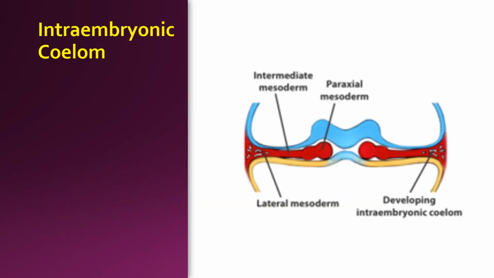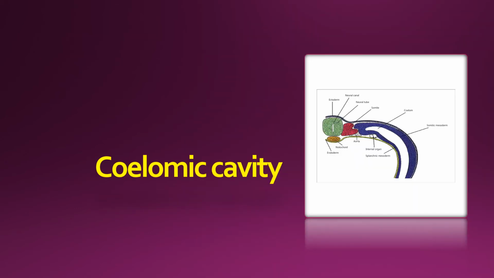The development of the intra-embryonic coelom will appear in the lateral plate, and many cleft-like structures join to form a coelomic cavity. This coelomic cavity divides the part into two: somatopleure and splanchnopleure.